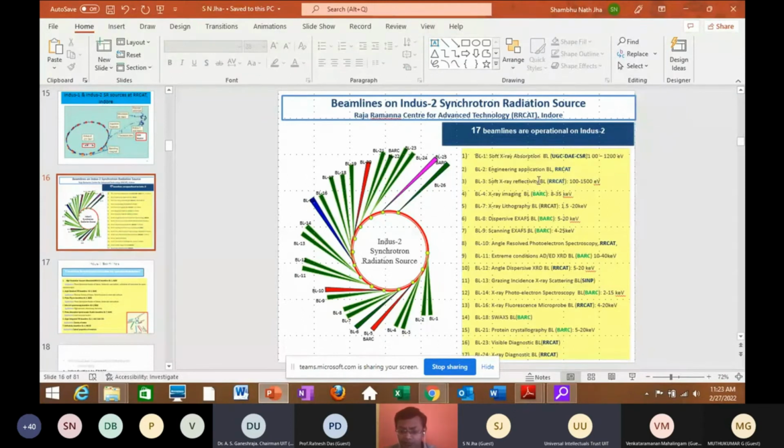For more details, we can visit the website of Raja Ramanna Centre for Advanced Technology. Here I have just given a glimpse of what can be done with the beamlines.